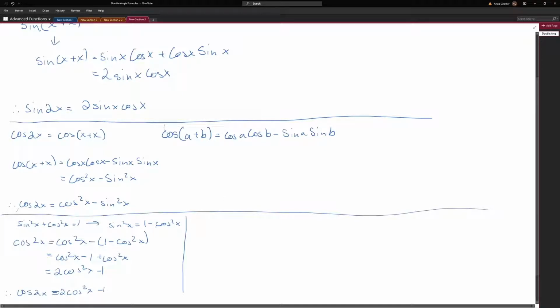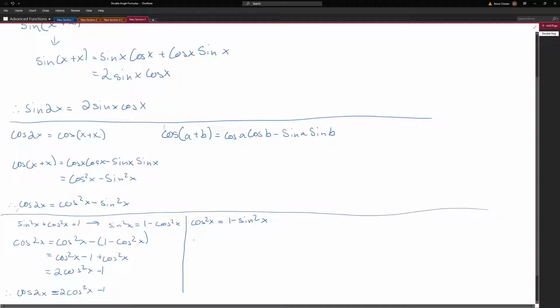We could do that exact same thing for substituting in for cos squared of x. So again, using this, we could find out that cos squared of x is equal to 1 minus sine squared of x.